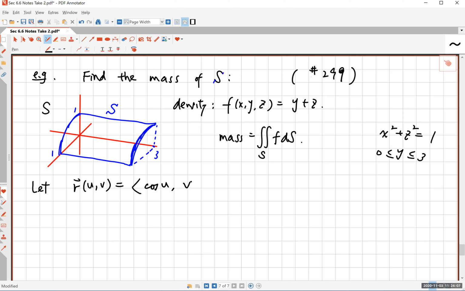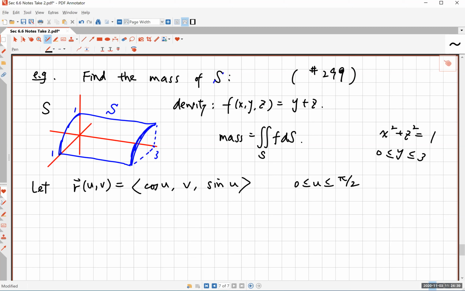Cosine of u, v, sine of u. See, the thing is, x squared and z squared have to add up to 1. So that means you have to have cosine u and sine u in the x and z coordinates respectively. And then y is going to be independently v. And so I want u to go from 0 to pi over 2, because it's a quarter of a circle. Okay. And by the way, I want to make sure this is the right quadrant. Right?